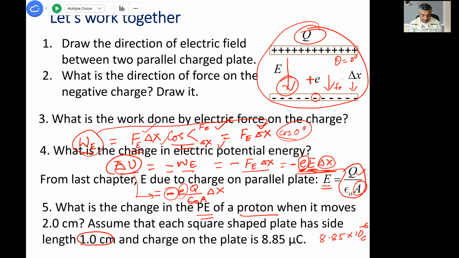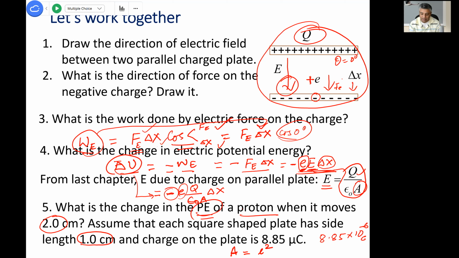So area in this case, we know it's a square. Area of a square is the square of the length, right? Length times width. But when length and width are the same, we can say length squared or width squared. In this case, it's in centimeters, so you need to convert that into meters. Similarly, the displacement delta x is in centimeters, so you need to convert that into meters to get the correct answer.